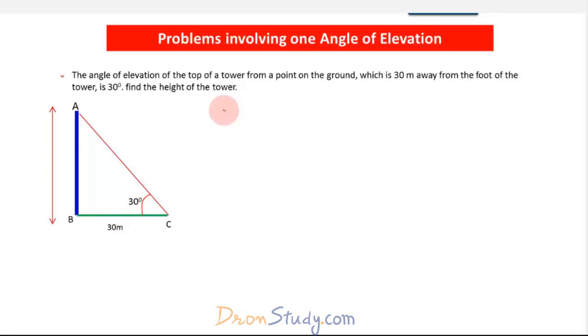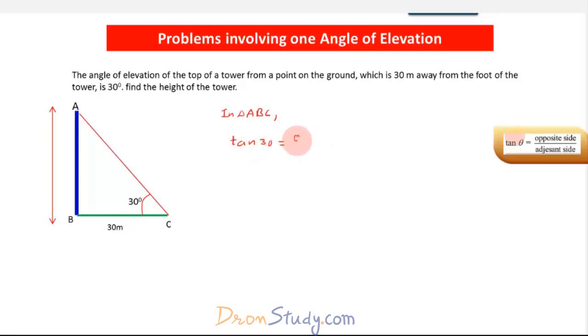So in triangle ABC, tan of 30 is equal to opposite side upon adjacent side.